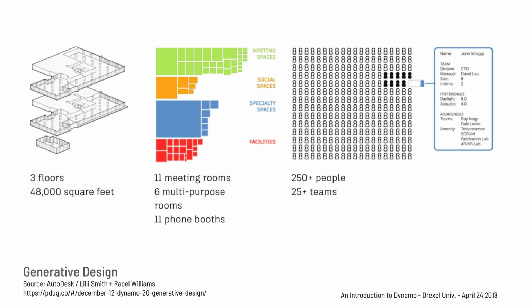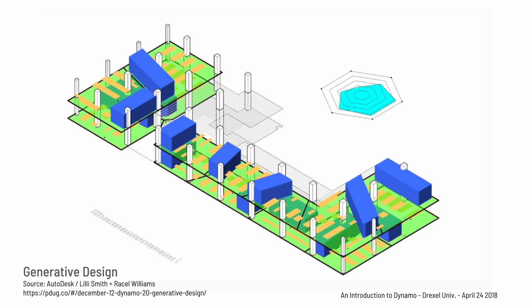So in this case, they would put into their program all the different adjacencies and sizes for everything. And they'd output a floor plan, and they could actually output 100 different floor plans in various configurations that all optimally meet their criteria from early on.